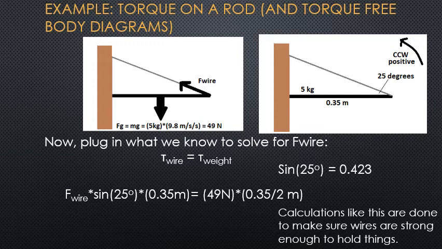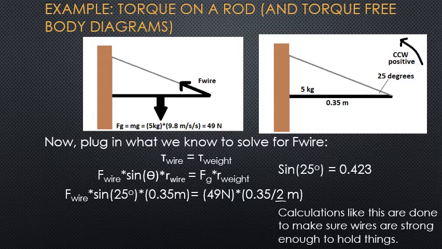Since the shelf is 0.35 meters long, the middle of that shelf would be 0.35 divided by 2 meters. That's where this divided by 2 comes in, because our gravity force is in the middle there. My animations got a little out of order here on this slide. I apologize.